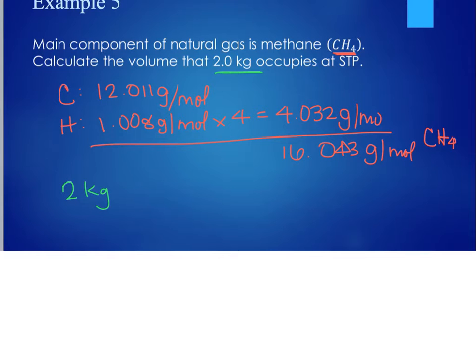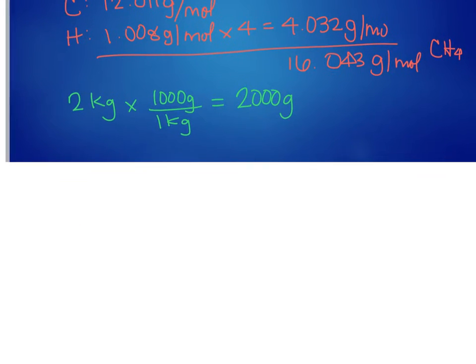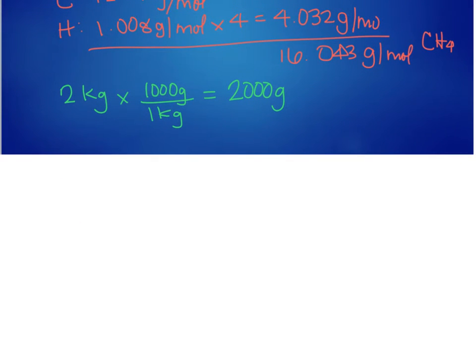So 2 kilograms times 1,000 grams for every 1 kilogram is going to give me 2,000 grams. Now the reason I wanted to do that is because I need to start out, and I'm just going to slide this up here a little bit. There it goes. Okay, we have 2,000 grams that we're starting out with.